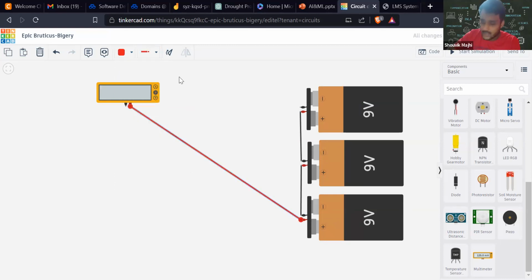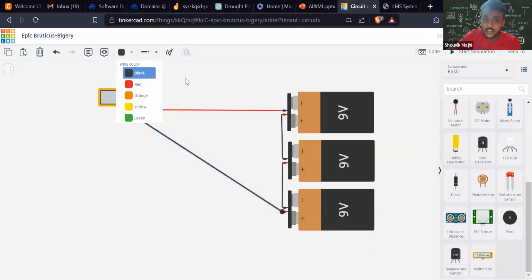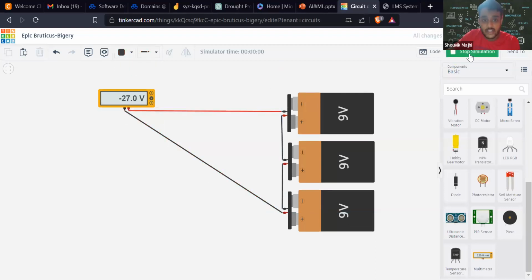So let us connect this one, which is positive, to the negative, and this one, which is negative, to the positive, right? If this was the case, and I go to start simulation, I get an equivalent voltage of 27, but this time with a minus sign. That is because our current is flowing in the reverse direction, and the multimeter catches it.